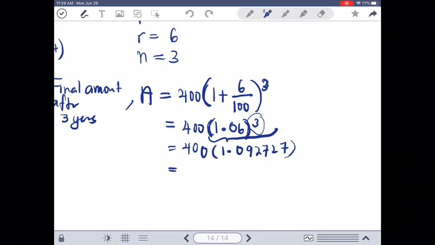So the answer is, let me see, 1.06 to the power of 3 times, sorry, the answer is not 1.092, the answer should be 1.191016.